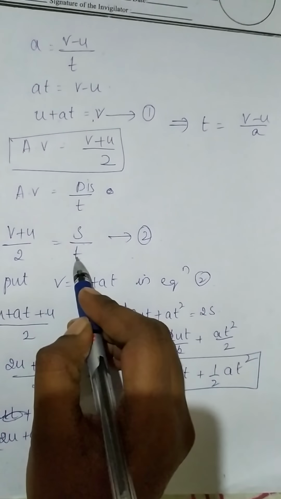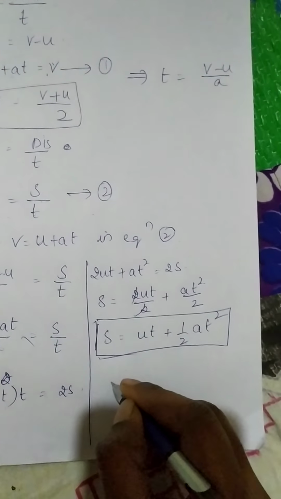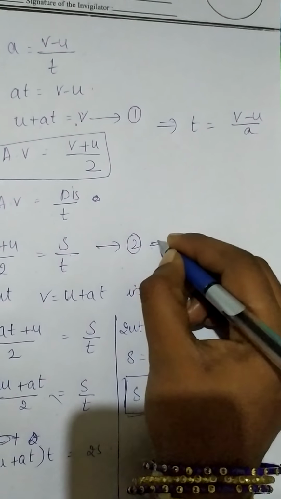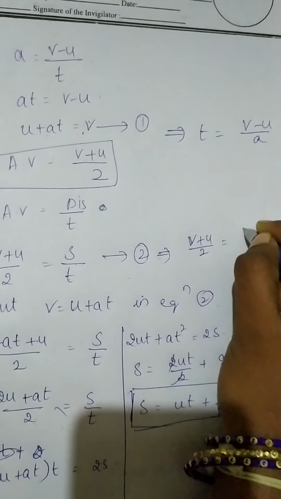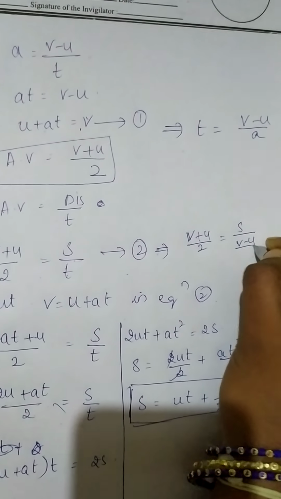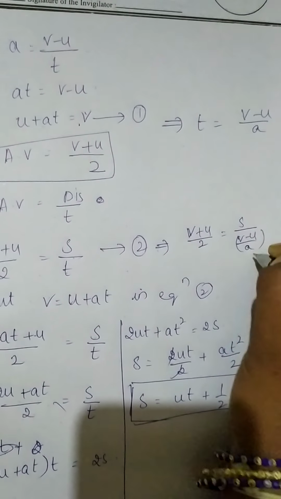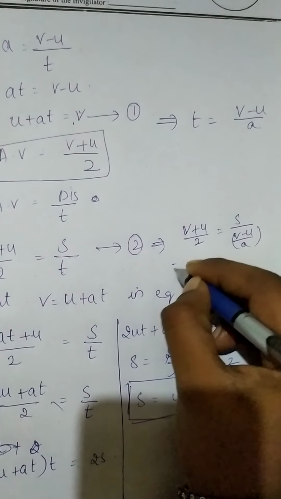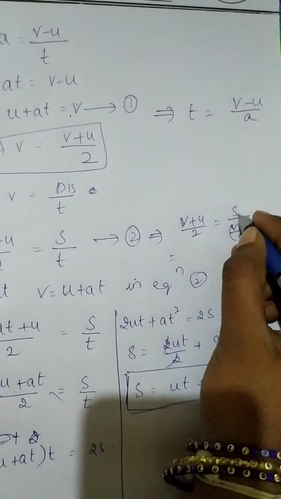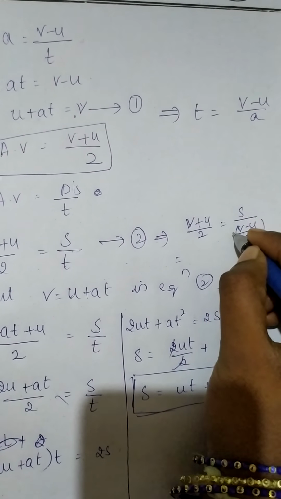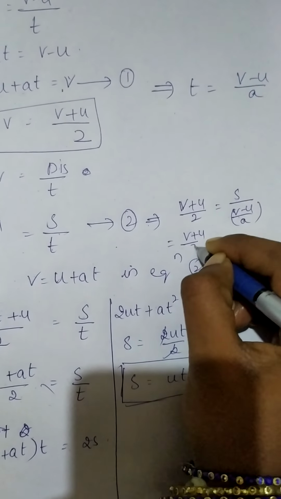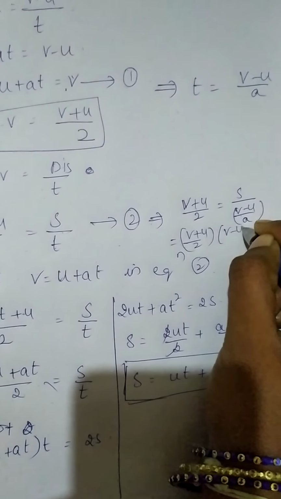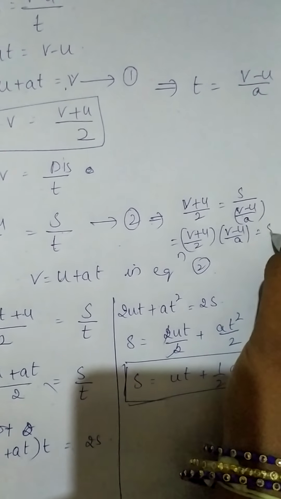I am substituting here: (v plus u) by 2 equal to s by ((v minus u) by a). If you do this division, if you transpose this, it will become multiplication: (v plus u) by 2 into (v minus u) by a equal to s.